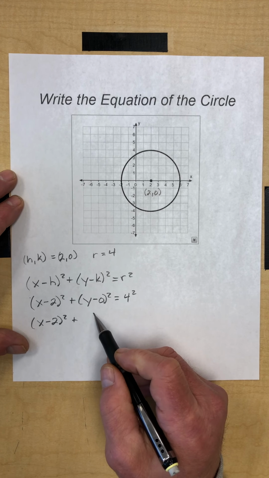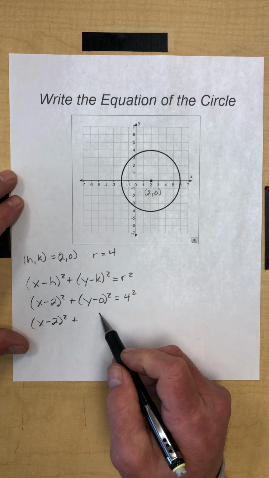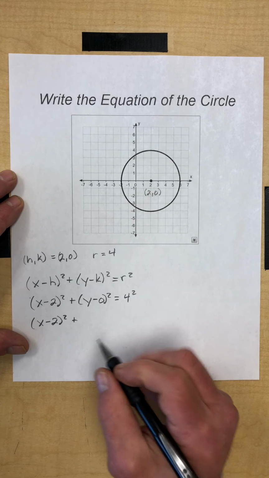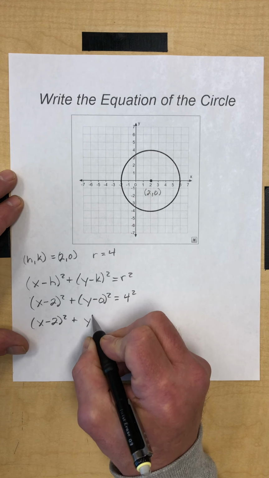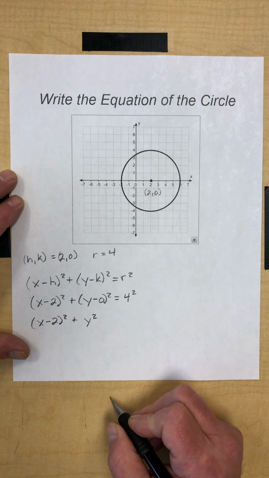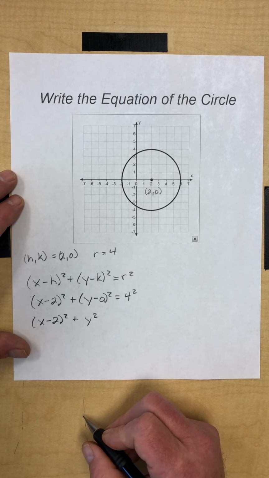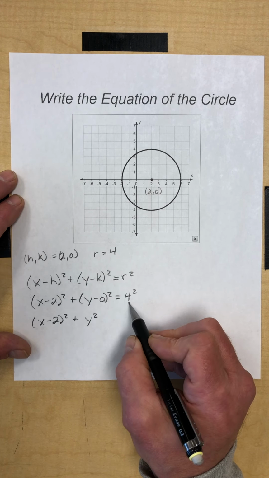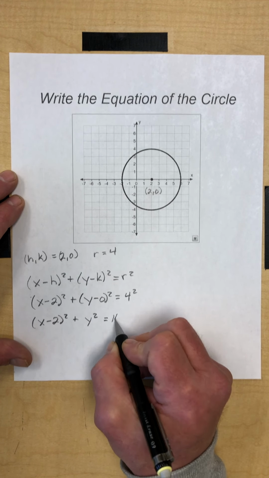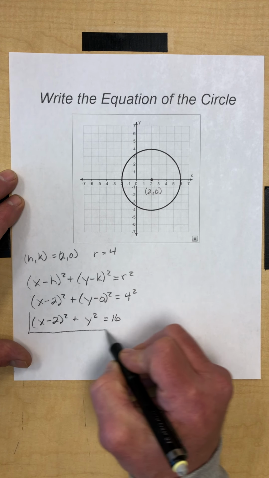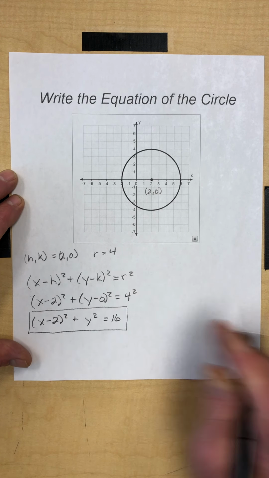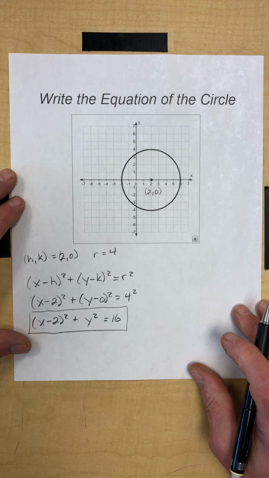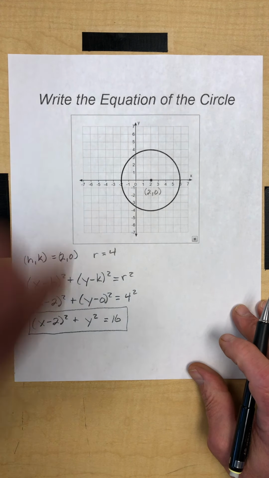Y minus 0 we can drop and just write y squared, which is how you would see it in any high school or college mathematics book. They're not going to leave it as y minus 0. Equals 4 squared, which is 16. And so again, we have our standard form of the equation for the circle in this diagram.